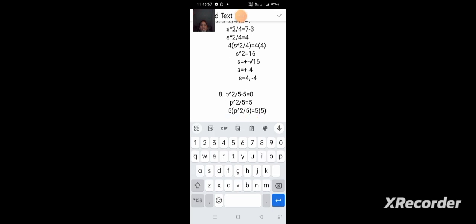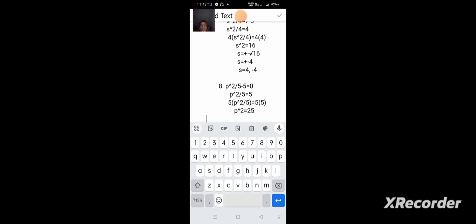So cancelling out 5 on the left side of the equation becomes p raised to 2 equals 5 times 5 is 25.